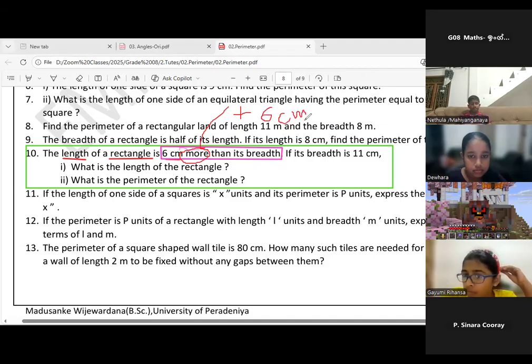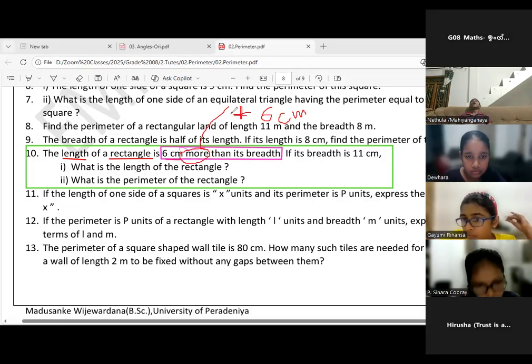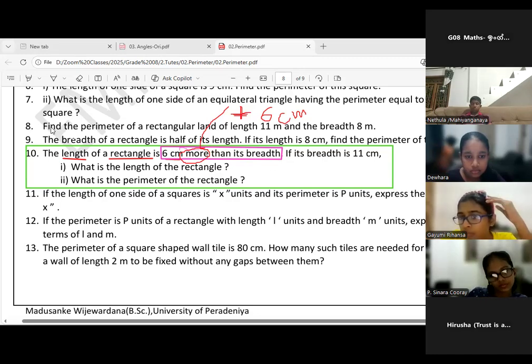We are going to add 6 centimeters. So the most important thing you need to remember is, when you hear the word more, you need to remember I need to do addition. How much? 6 centimeters to its breadth. So that is the most important thing that you need to understand.